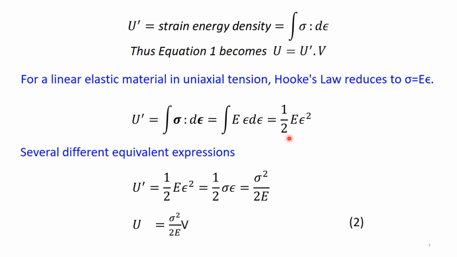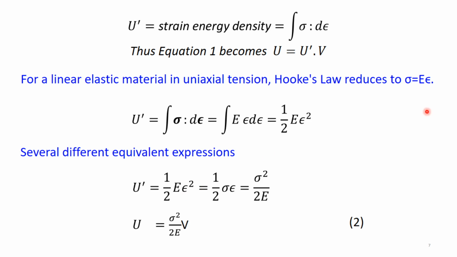We can also express this result in other equivalent forms. U prime equal to half E epsilon square.